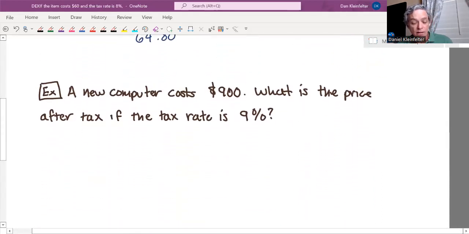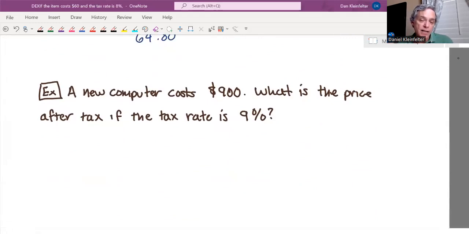Okay, next. A new computer costs $900. We would like to know the price after tax if the tax rate is 9%. So we should find the tax amount first. Tax amount is going to be 9% of 900.